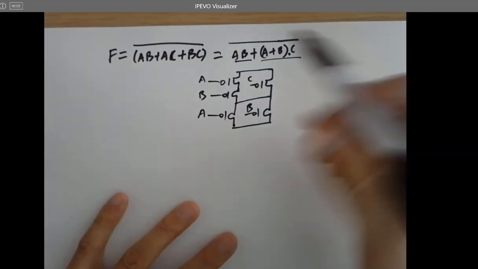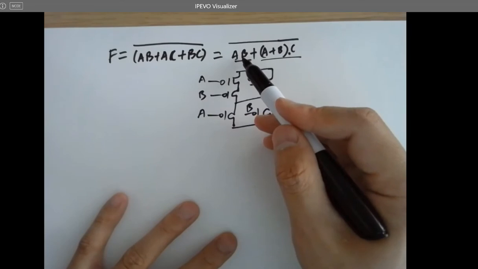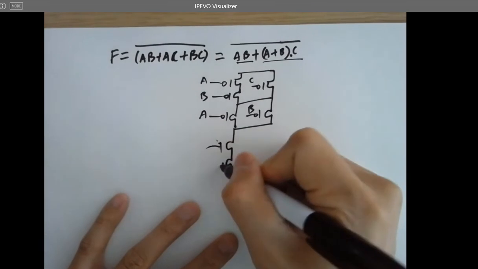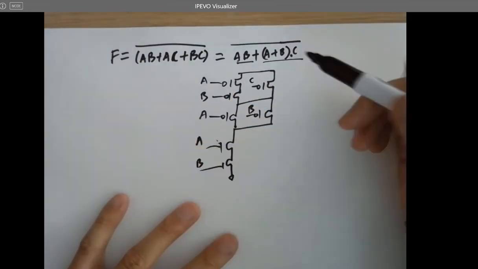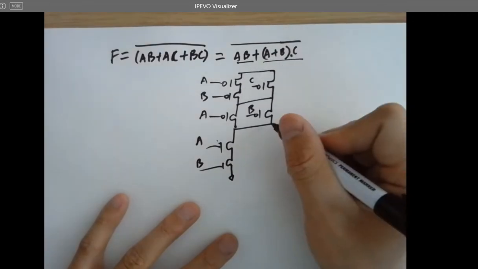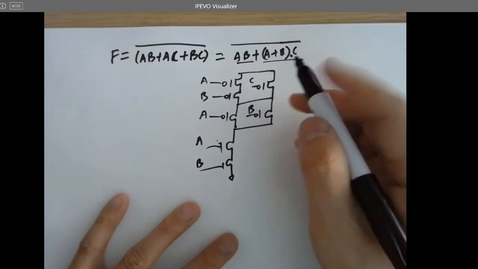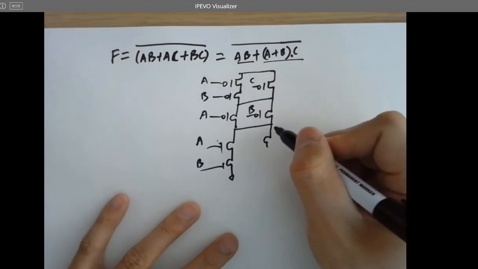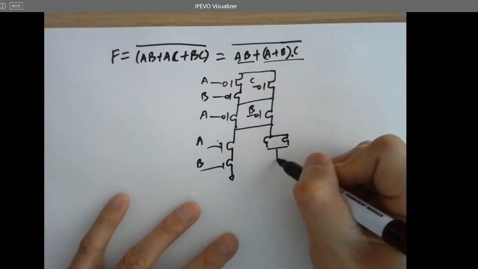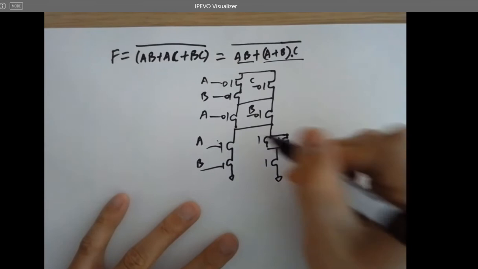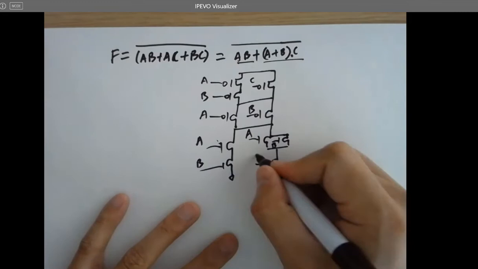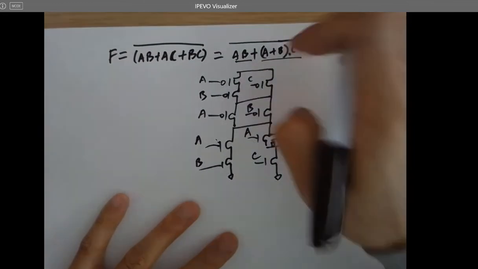NMOSes: AB, AND logic in series. A, B in parallel, and C in series, right? So you want to draw this and then this. So these two should be A and B, and this is C. So that's the AOI logic for this circuit.